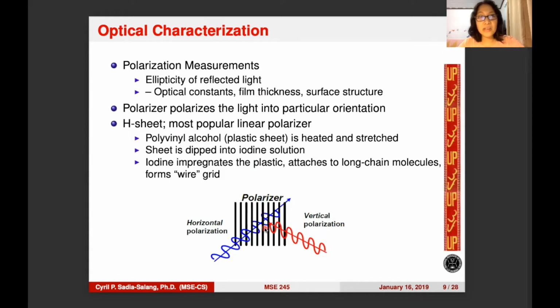Light polarized parallel to the chains is absorbed, okay, as indicated by the red wave, while light polarized perpendicular to the chains is transmitted, okay, represented by the blue color.